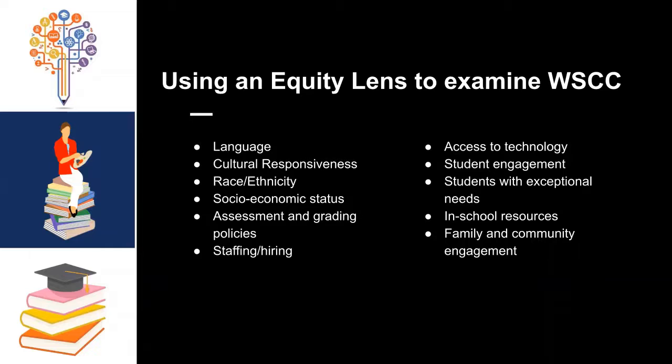When using an equity lens to examine the WISC model, your team will come together to examine your data with equity and understanding the root causes behind the numbers that present themselves for your students.